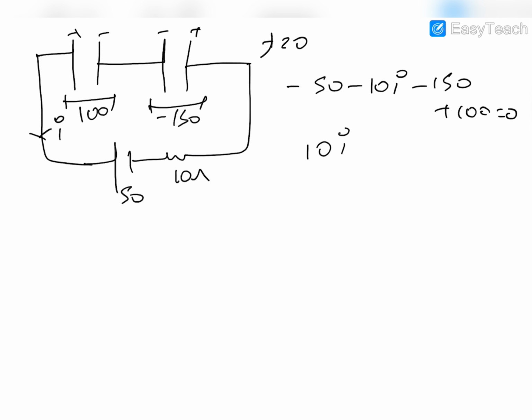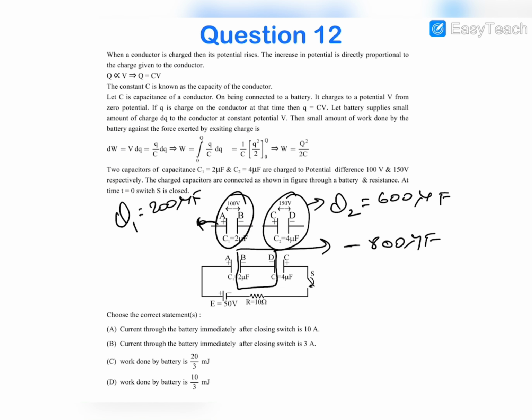So 10i is equal to 100 minus 200, so i is equal to minus 100 by 10, which is minus 10 ampere. So the current in the circuit will be 10 ampere. A is correct. And now the work done by the battery.